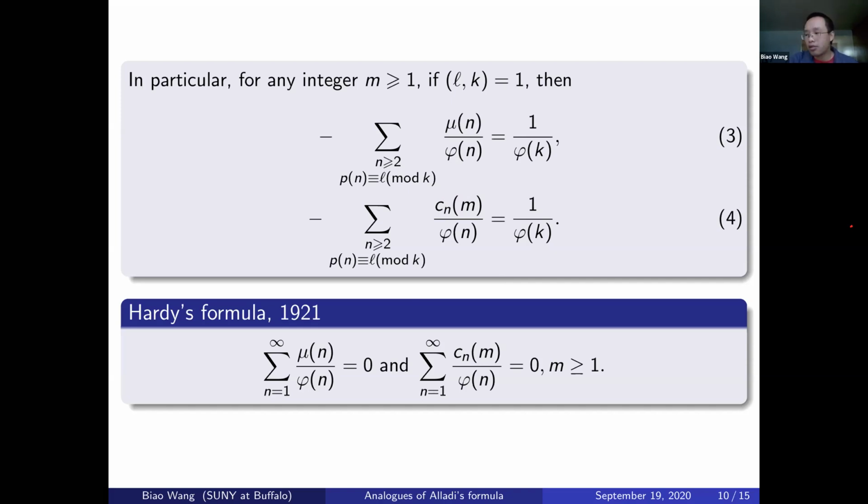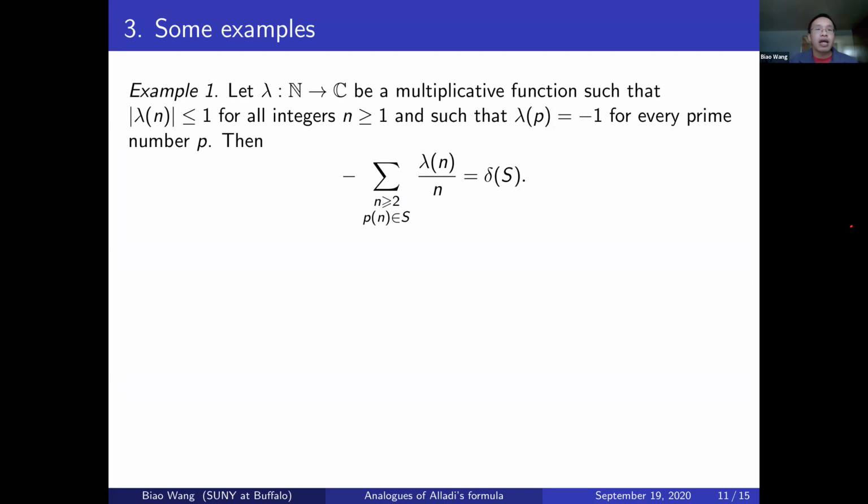Okay, so now let's look at some examples. The first example is this function lambda. Lambda is a multiplicative function which is bounded by 1 and takes value -1 at every prime number p.